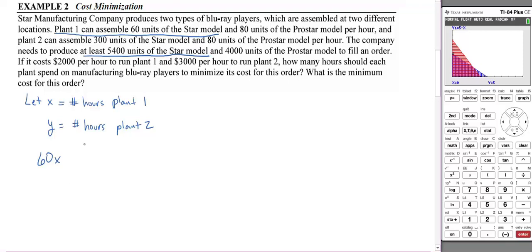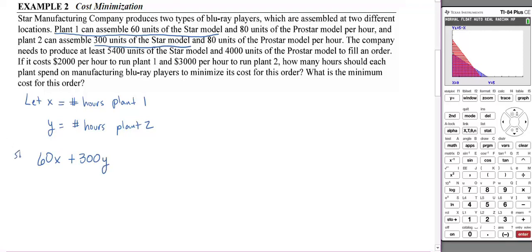And the other factory is going to make 300 of the Star model, and that's every hour. So they're going to make 300 Star model Blu-ray players times every hour that they are open.